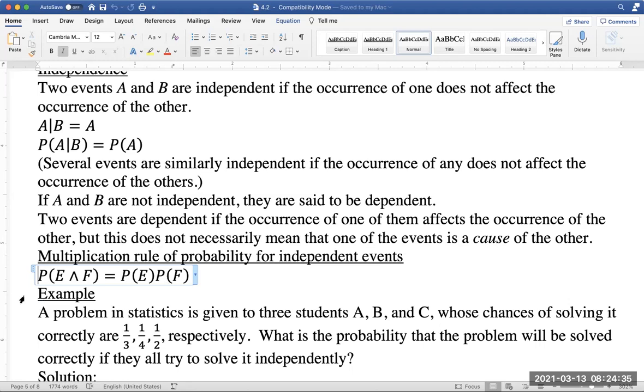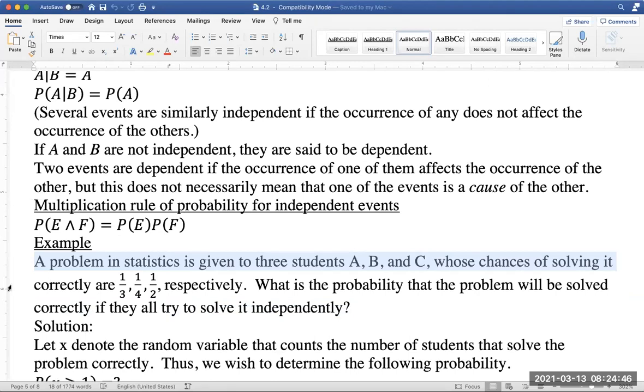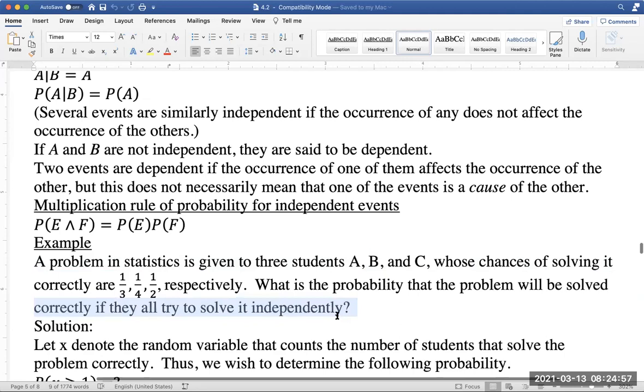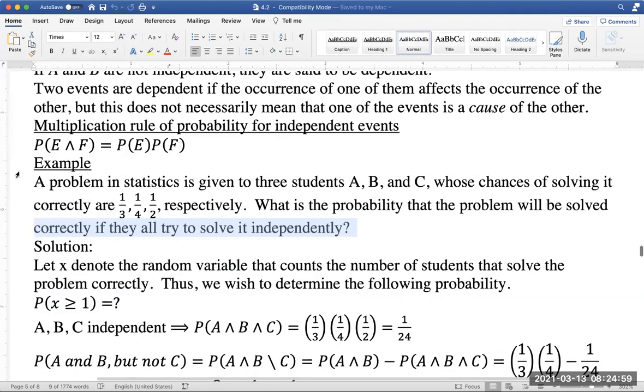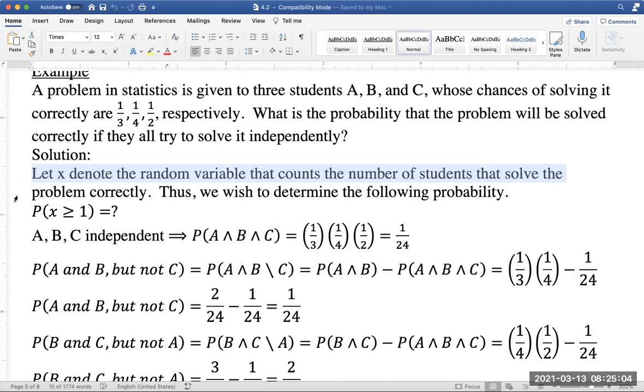Okay, so let's do the following. A problem in statistics is given to 3 students, A, B, and C, whose chances of solving it correctly are 1/3, 1/4, 1/2, respectively. What is the probability that the problem will be solved correctly if they all try to solve it independently? Let X denote the random variable that counts the number of students that solve the problem correctly.